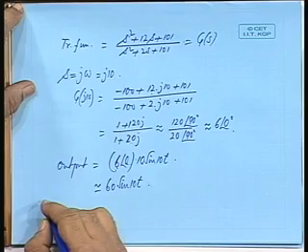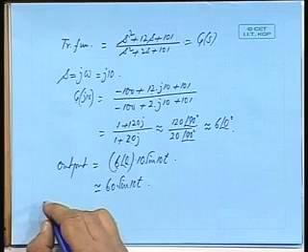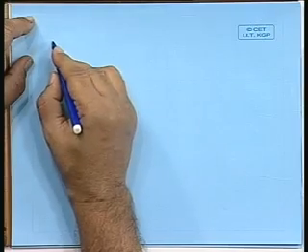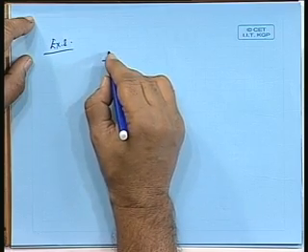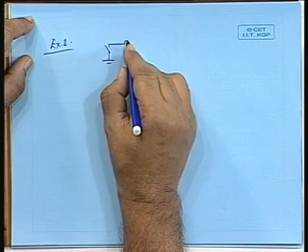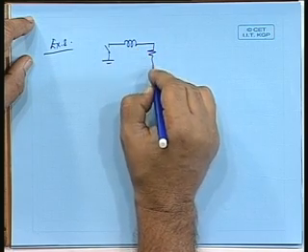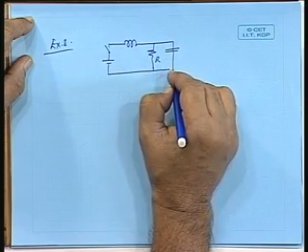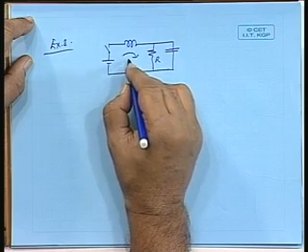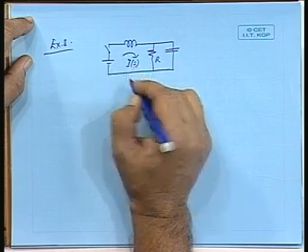Next, we have another example. Okay, let me use this space. You are given a simple circuit, and you are asked to calculate IS.